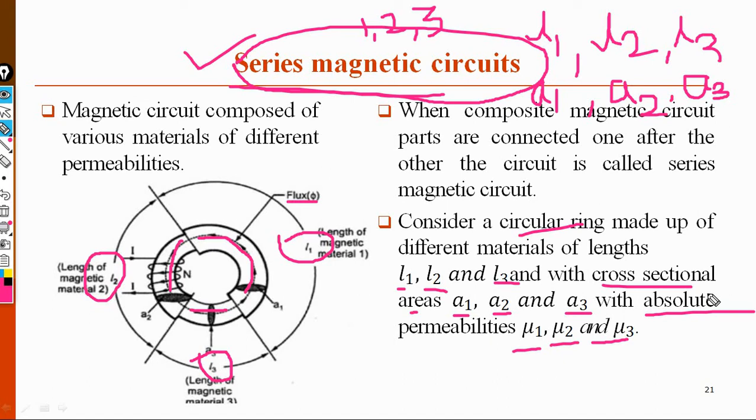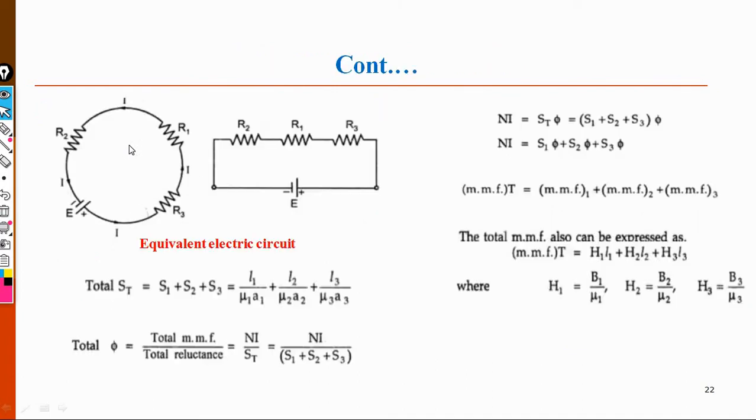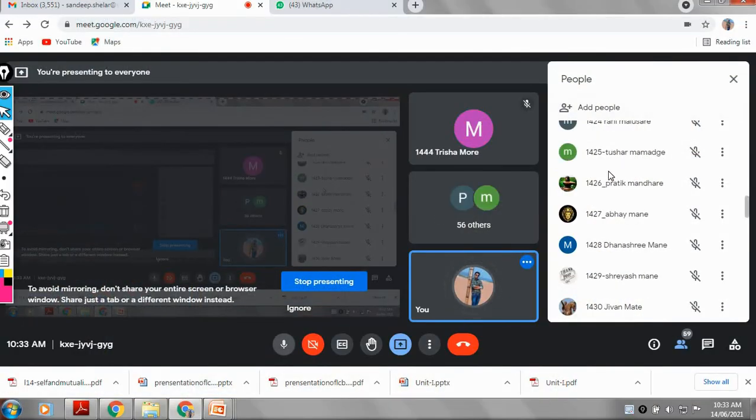Now this is the concept of a series magnetic circuit. This is the important diagram, and now we need the important expression for the series magnetic circuit.